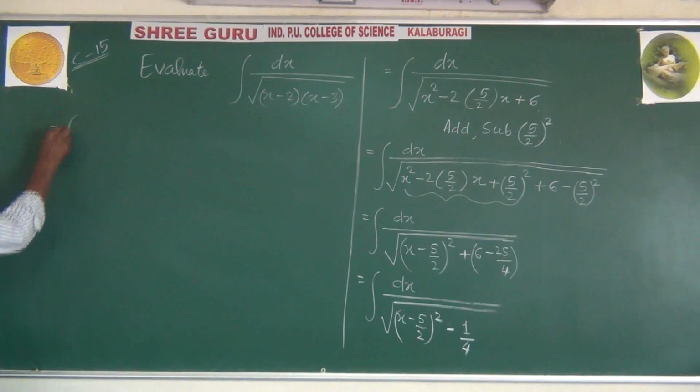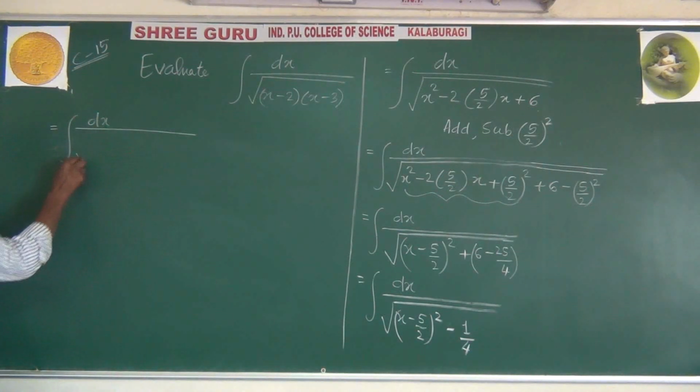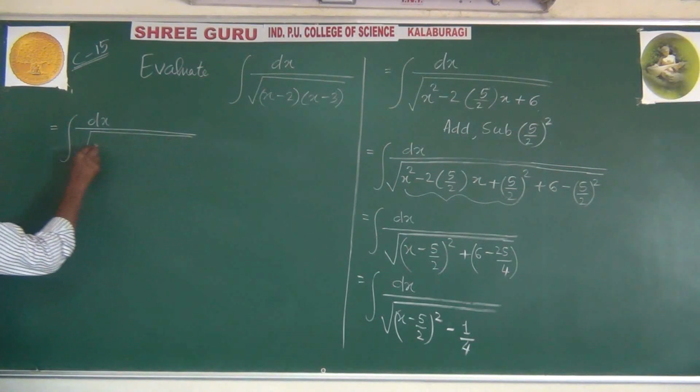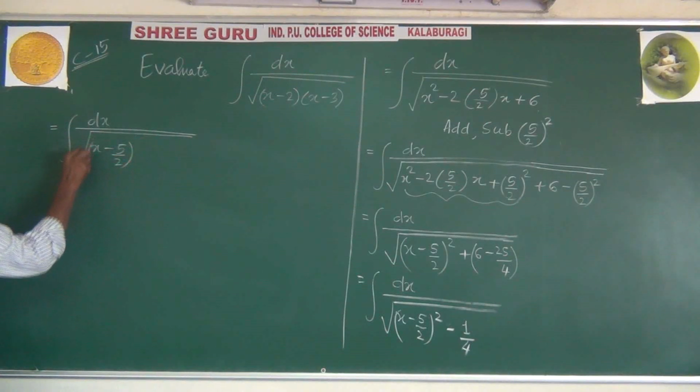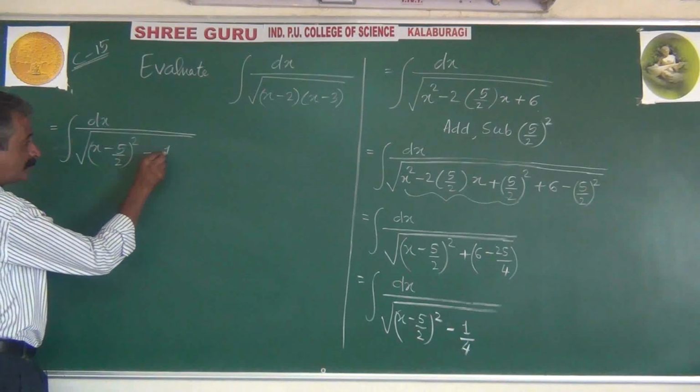That is equal to the integration of dx divided by the square root of (x minus 5 by 2) whole square minus 1 by 4, written as (1 by 2) square.